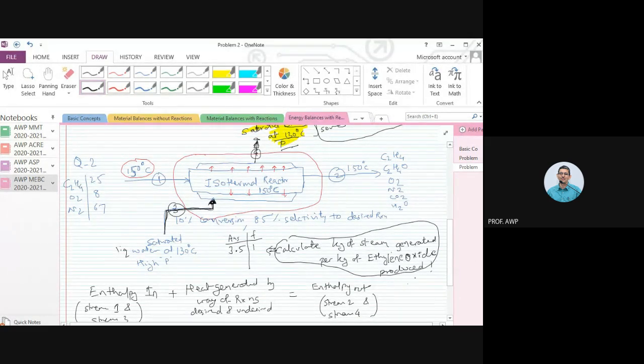So, which alcohol do you want to make from ethylene oxide? Ethylene oxide, if you hydrolyze, you will get ethylene glycol. If you hydrogenate, you will get ethyl alcohol. People make ethylene oxide from ethyl alcohol.